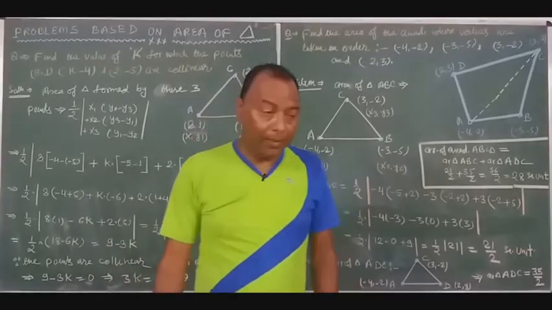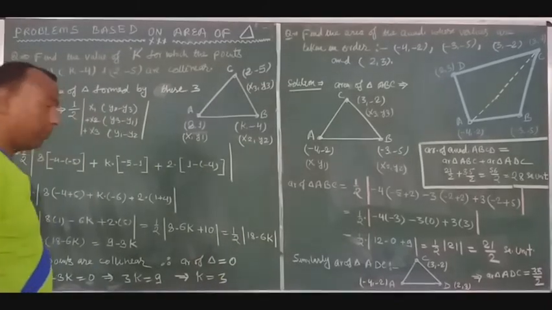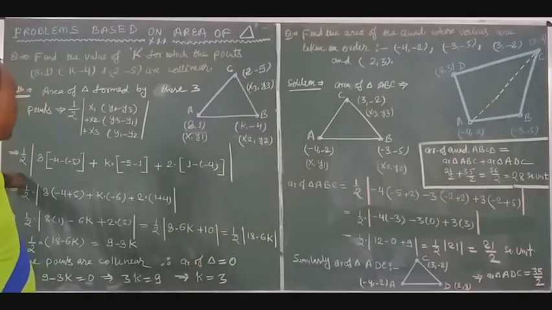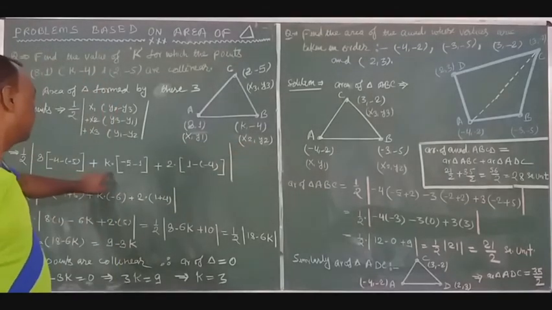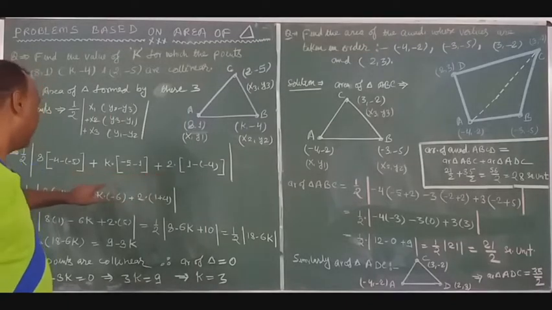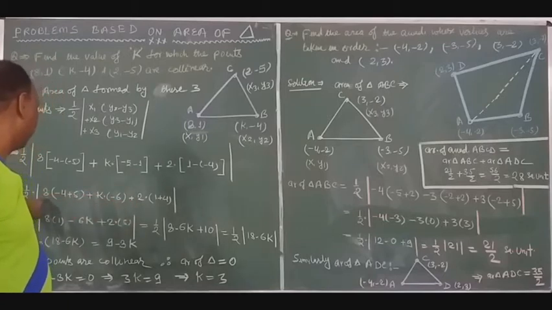So what will happen? This is 1/2, x1 is 8, (y2 minus y3) is -4 minus -5, plus k times (-5 minus 1), plus 2 times (1 minus -4). In this way you will solve this. You will put the values.